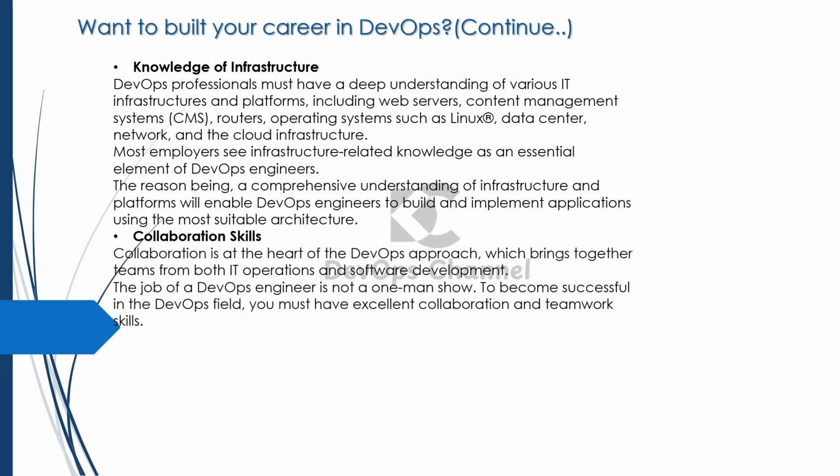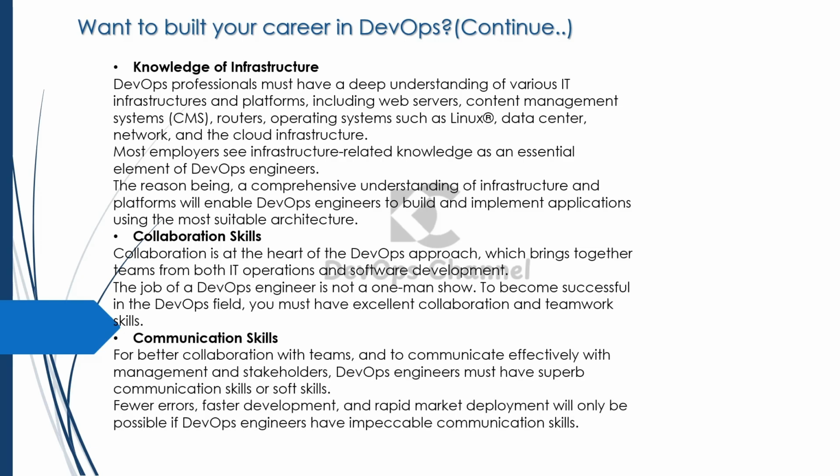Next, you should have collaboration skills. In DevOps, both IT and software development teams work together, as we understood with the help of the diagram. So there should be collaboration skills between them. If something goes down, you should know how to communicate and collaborate with the other team, and how to become successful in the DevOps field. Next we have communication skills.